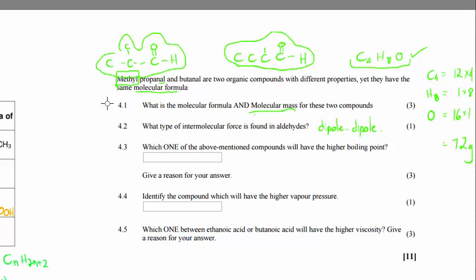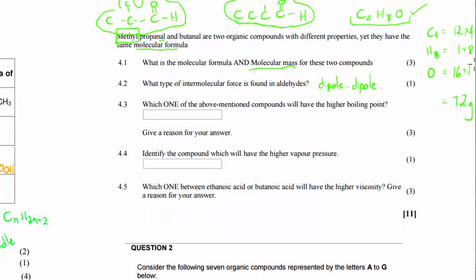Identify the compound. Which one between ethanoic acid and butanoic acid will have higher viscosity? What is viscosity? The resistance to flow. When will I have higher viscosity? When we have strong intermolecular forces. So what's the difference between ethanoic and butanoic?